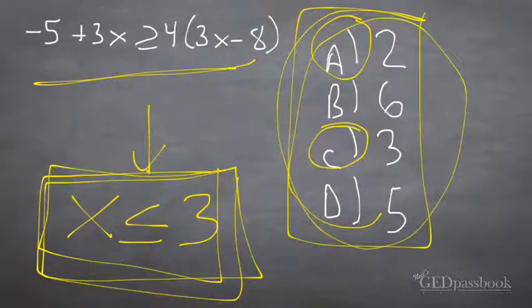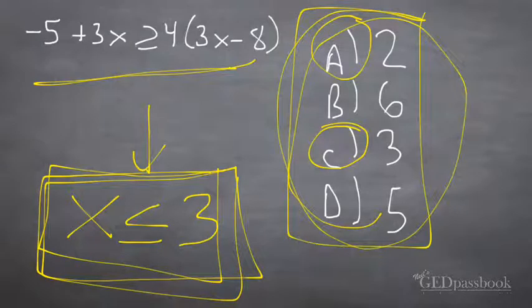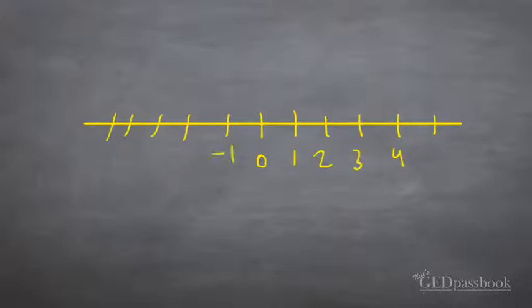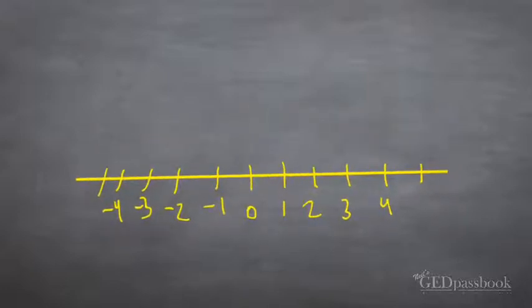But there's another question that might be given. That question looks like this. Don't lose this little inequality that we came up with. Remember it, because I'm going to make you tell me it, because I forget easily. One, two, three, four, -1, -2, -3, -4. So here's a number line, my friends.